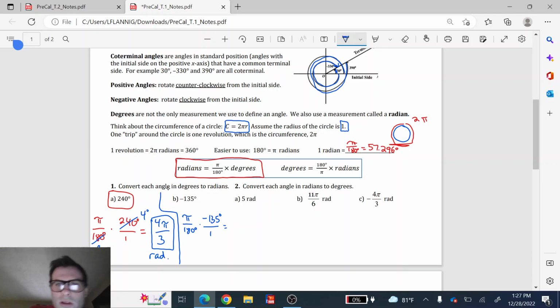This stays negative. It's going to be negative 3 over 4. And you reduce those, and you'll get negative 3 pi over 4 radians. Now, if you were to just multiply straight across and then divide, you should get the same answer.